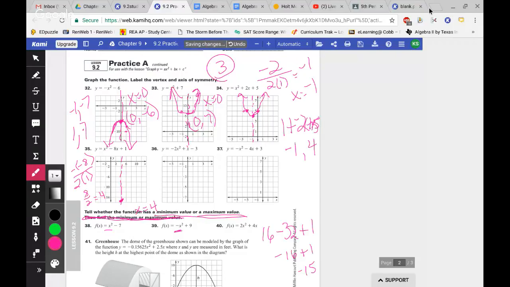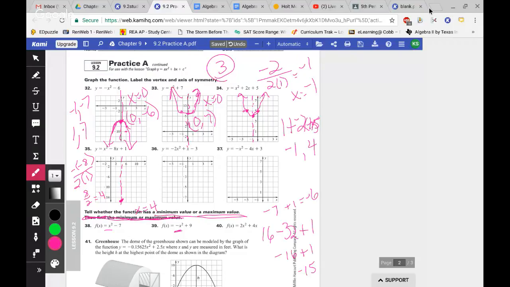And if I plug in, what do we want to plug in there? 1 minus 8 is -7, plus 1 is -6.